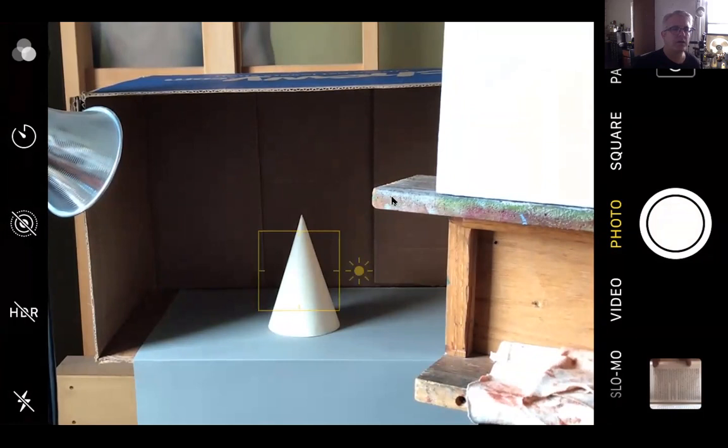I'm not going to be working under this light. I'm going to be using that electric light, similar to the light I asked you all to get. I just want to show you the cone illuminated in daylight first, because I want to show you the difference between a cool light and a warm light. That's something we're going to be talking about in the class.